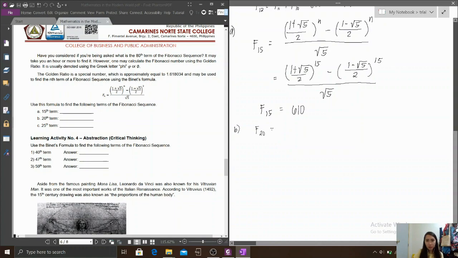So, f sub 20 is equal to 1 plus square root of 5 over 2 raised to 20 minus 1 minus square root of 5 over 2 raised to 20, all over square root of 5.